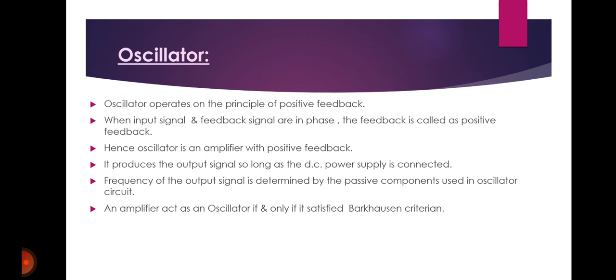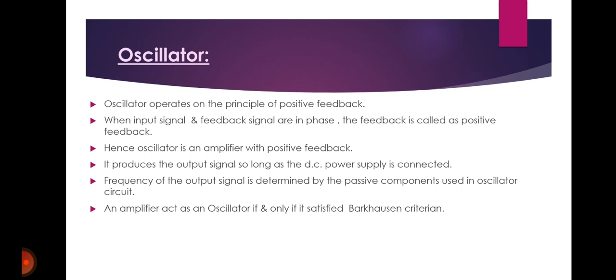What is meant by positive feedback? When the input signal and feedback signal are in phase, the feedback is called positive feedback. Hence, an oscillator is an amplifier with positive feedback. It produces the output signal so long as the DC power supply is connected.